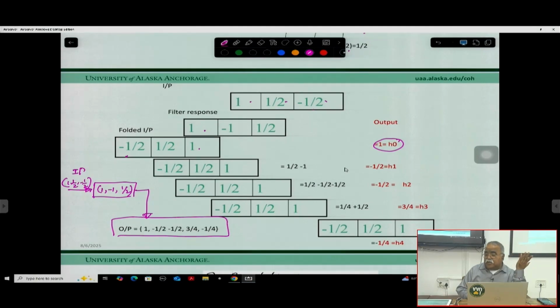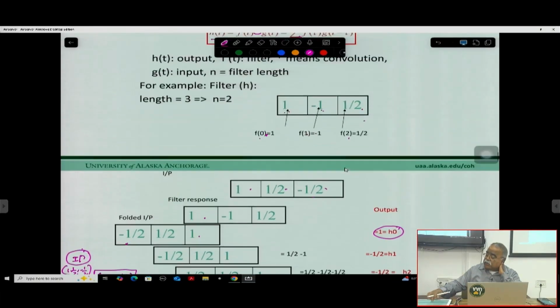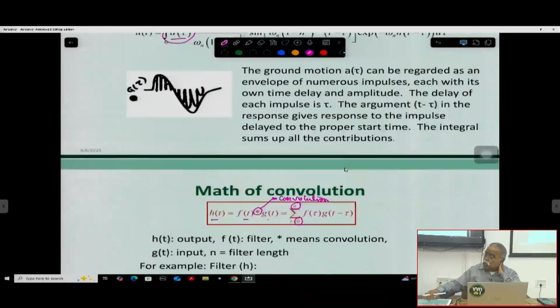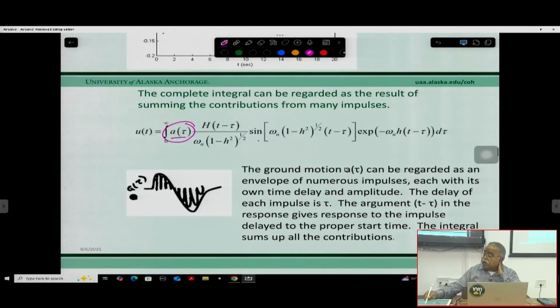Similarly, the input here will be the ground acceleration, and the system response, or the building response, will be equal to sine omega n times this thing times e to the power minus omega n h times (t minus tau).